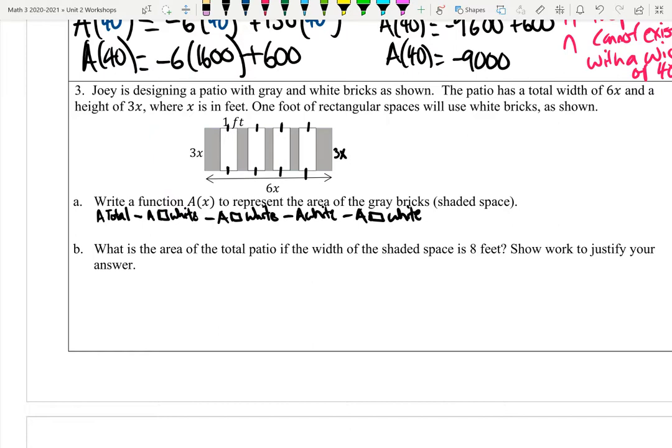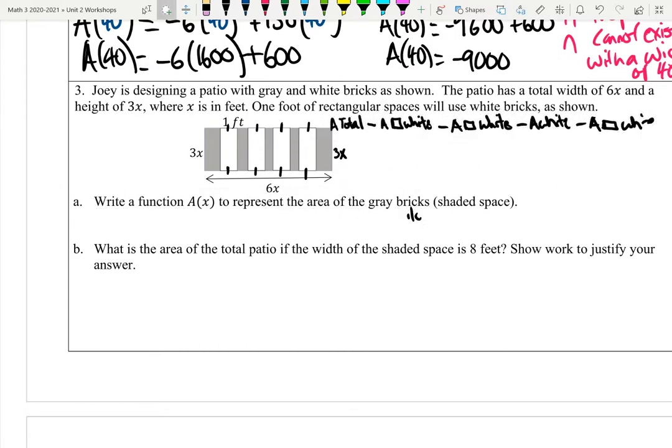So let's go ahead and create the function. I need to find the area of the total, so I'm going to do length times width. For this entire patio, that is 6 times 3x, so I'm going to represent that as 6x times 3x.